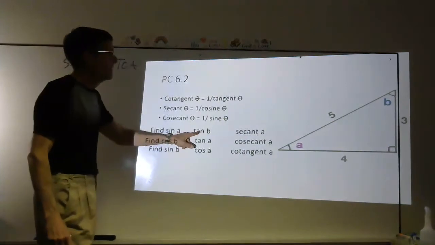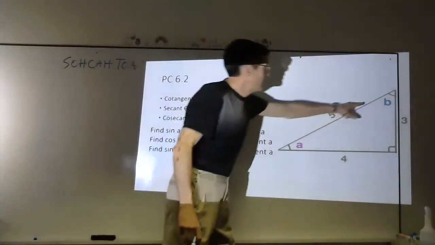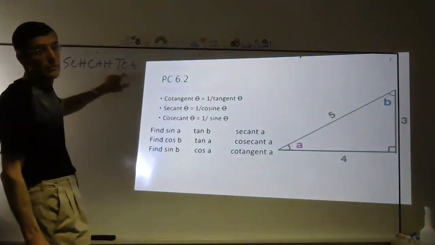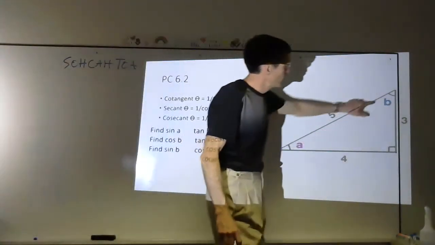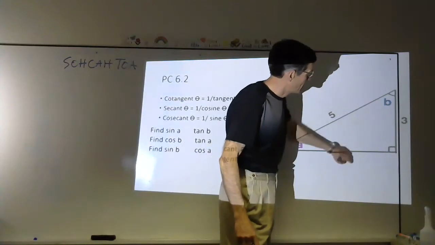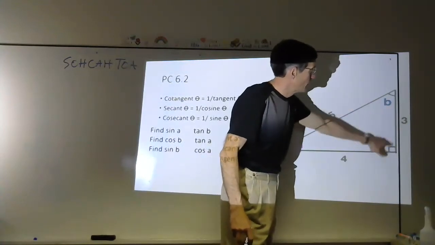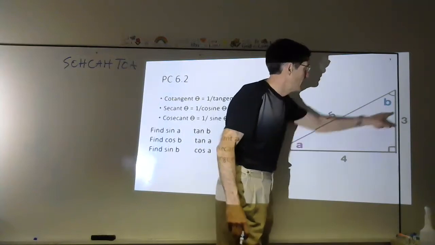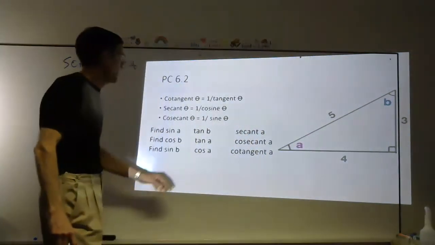Okay? Tangent of angle B. Tangent is opposite over adjacent. So for angle B, the opposite side is 4 over the adjacent is 3. It's not 5. So tangent of B is 4 over 3.